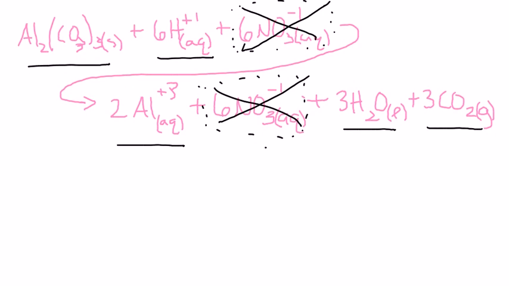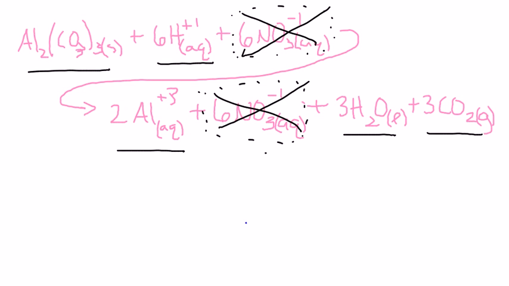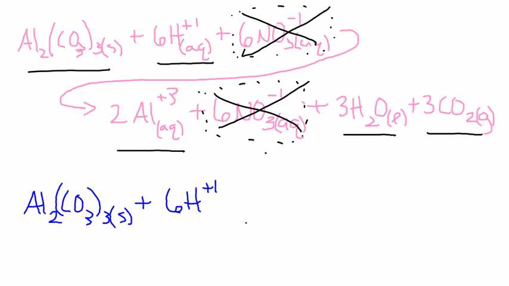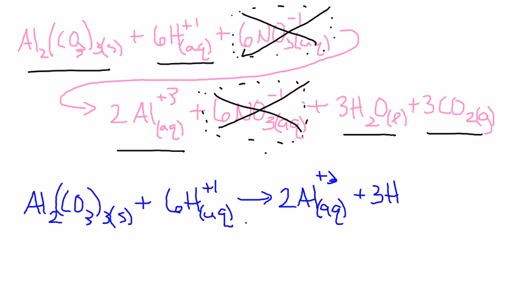So when we write our net ionic equation then, and I'm going to do that in blue for us, we're going to have aluminum carbonate, and that's still a solid, plus 6H plus aqueous goes to 2 aluminums, aqueous, and those are +3, plus 3 waters, plus 3 carbon dioxides.